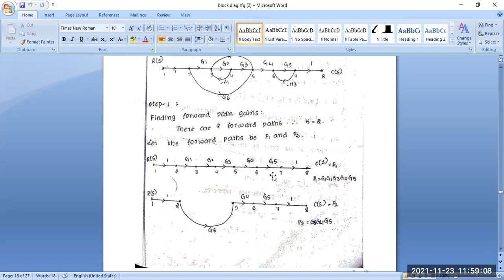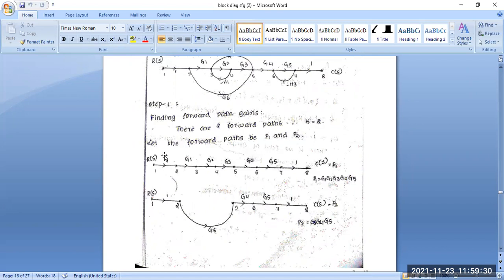Here you can see nodes 1, 2, 3, 4, 5, 6, 7 and 8. G1, G2, G3, G4, G5 are the gains. The 1 shown here means a unity gain, a unity feedback gain.